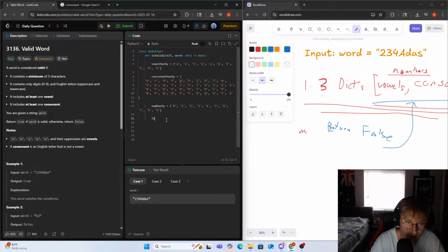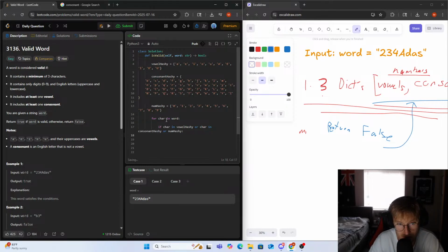So now I feel like we can just do a simple loop here, right? For char in word, okay, well, if char in vowel hashy, or char in consonant hashy, or it's in our num hashy, right?